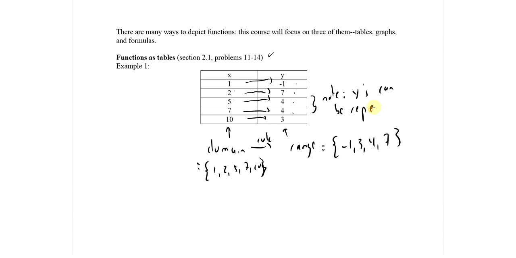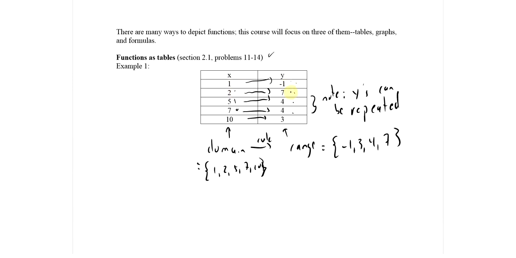So an important point to note, y's can be repeated. Let's try that again. Y's can be repeated. You can have two different numbers, in this case 5 and 7, that both give you 4 as an output. That's okay, that's no problem. The key is that each x equals 1, for example, gets exactly 1 y.